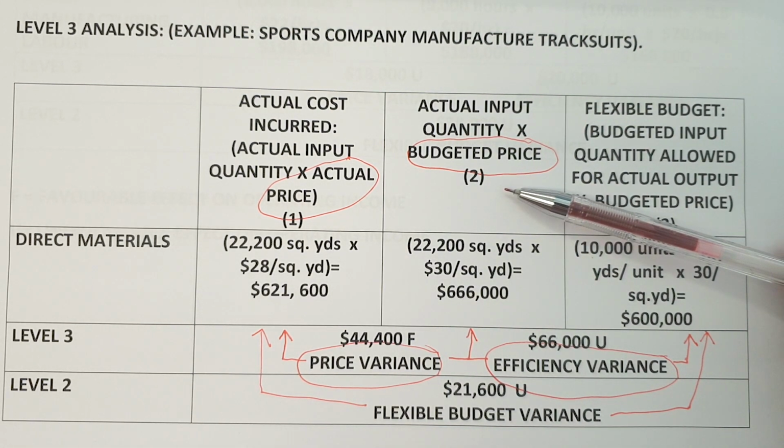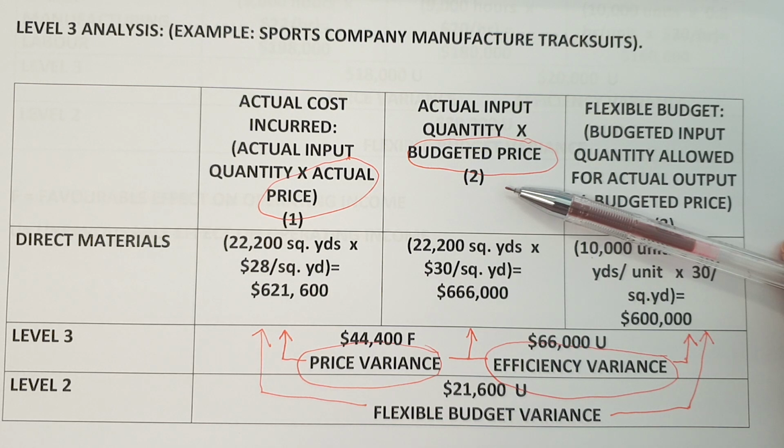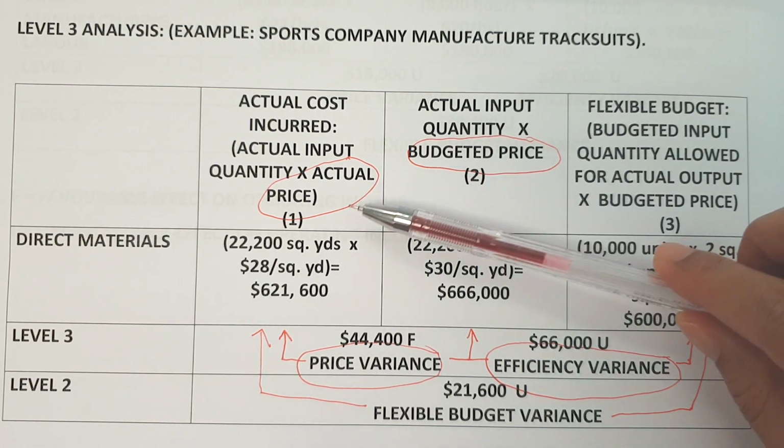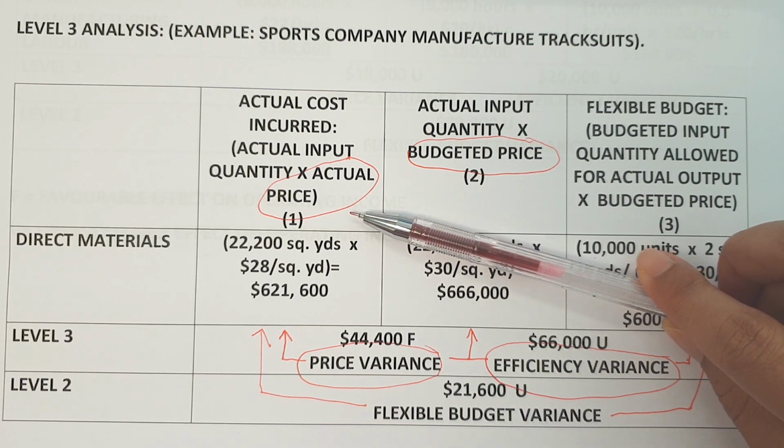Budgeted price is the price that we budget. For example, we want to produce a blanket, so we need wool. There's a price that we budgeted. We planned that the price should be 100, for example. But in reality, the price might be different.